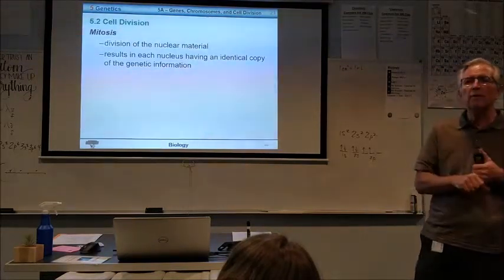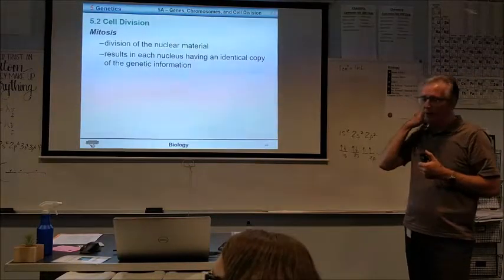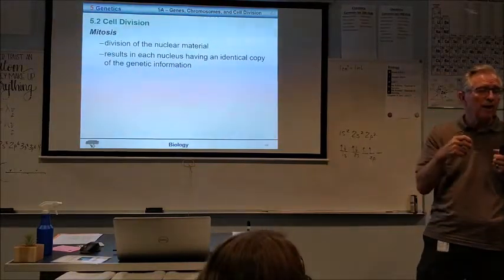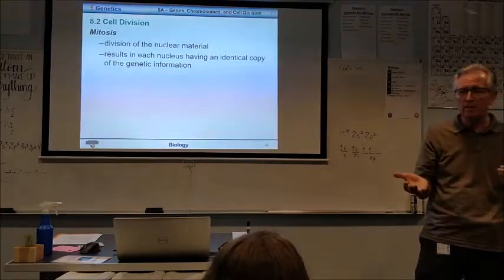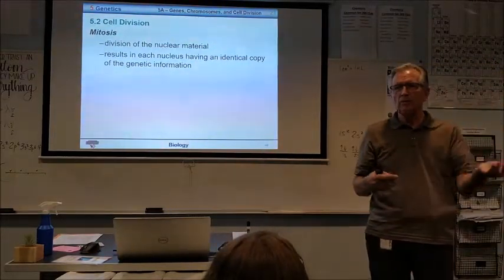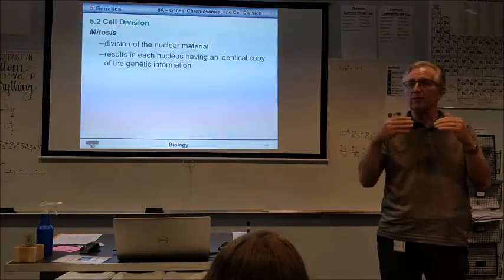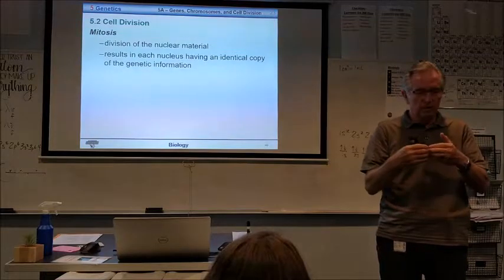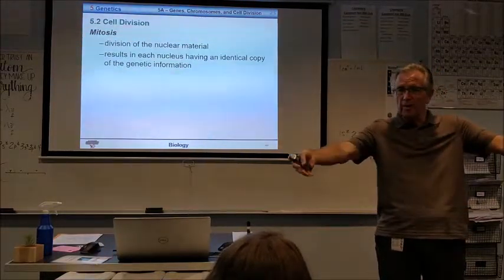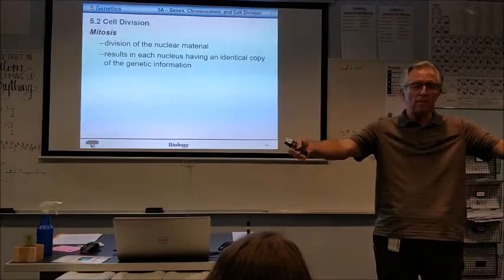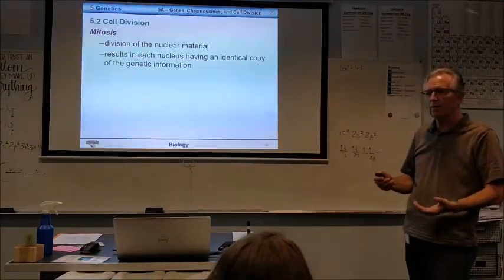One thing we need to remember is that the nucleus at this point has an identical copy of all its information. So basically it has two blueprints. Instead of having one blueprint, it now has two, because we're going to divide the mother cell into two daughter cells, and each one needs its own blueprint of everything that's necessary for that cell's growth and survival.